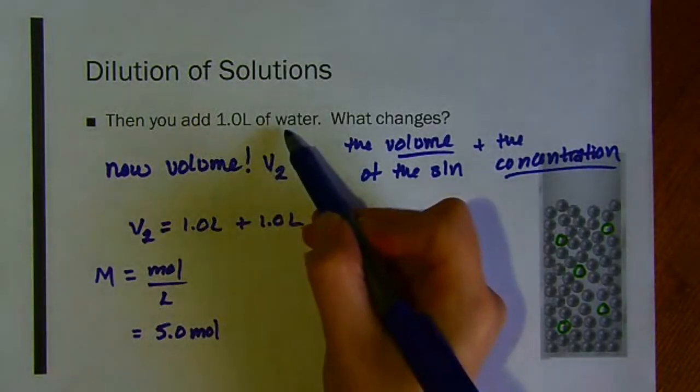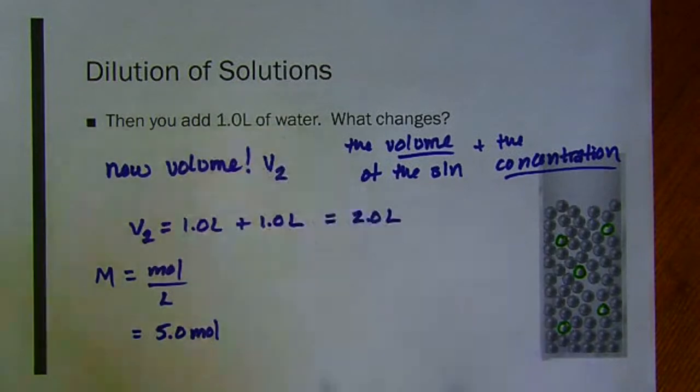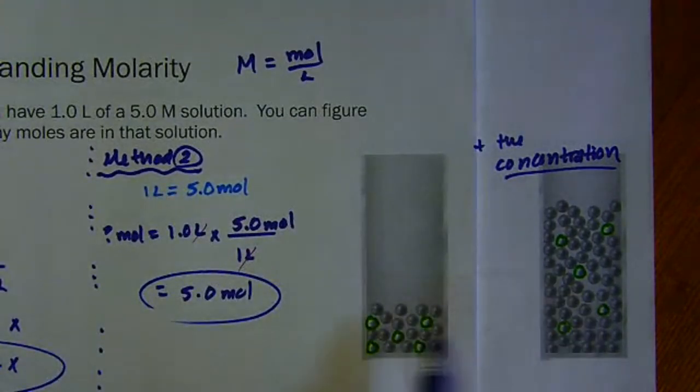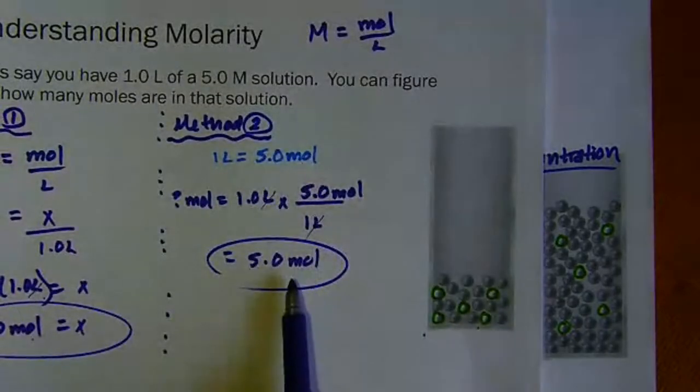We only added water. We didn't add any more green dots. So going from here to here, we still have 5 green dots. We did not add any solute. So we still have 5 moles of solute in this solution.